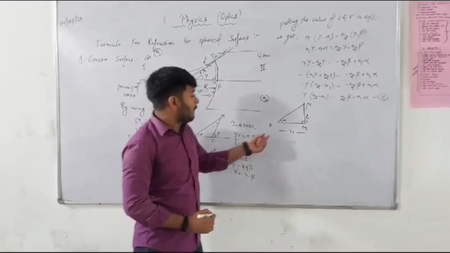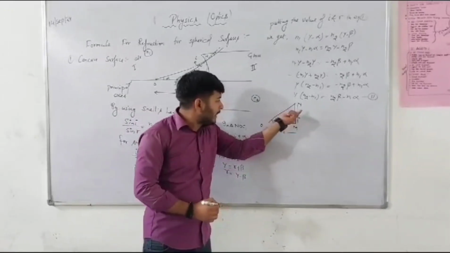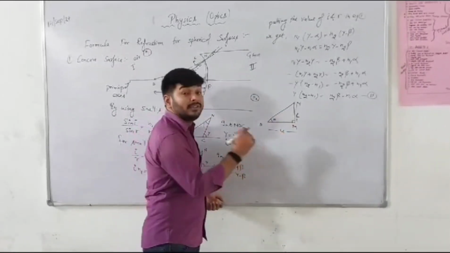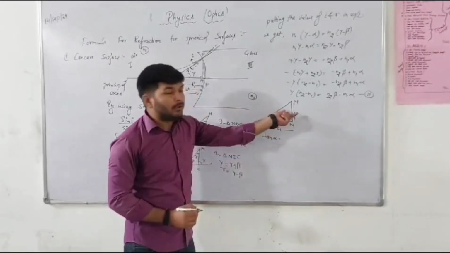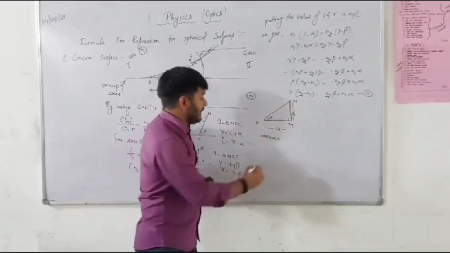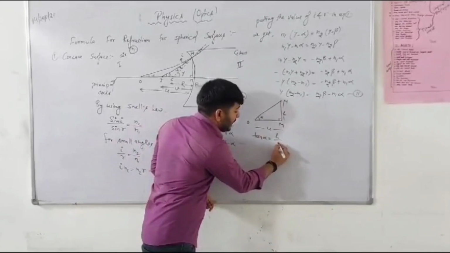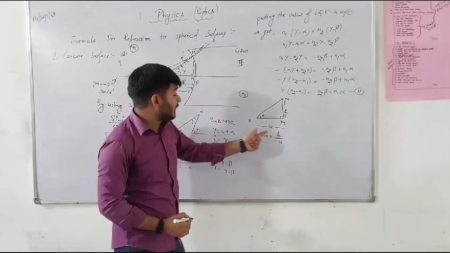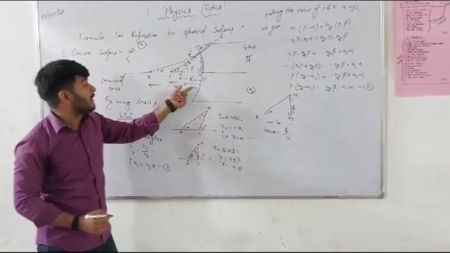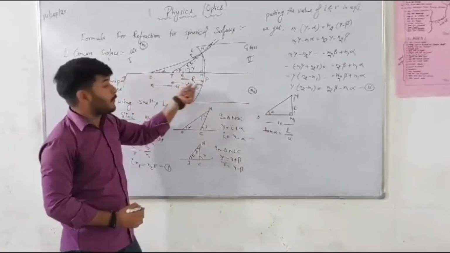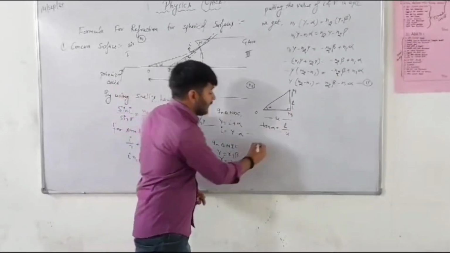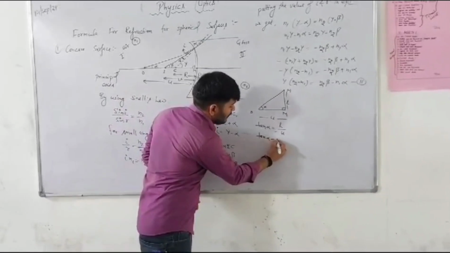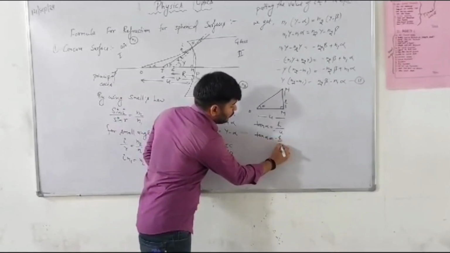If you want to find the value of alpha, then we have the height and the base, so we have to use tan. The formula for tan alpha is perpendicular upon base, where the perpendicular is h and the base is u. Since this distance u is measured towards the left side from the pole, it should be taken as negative. So tan alpha will be minus h upon u.